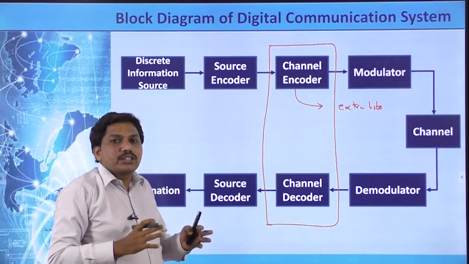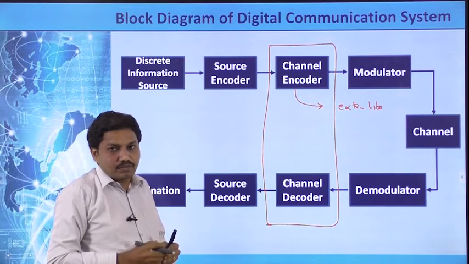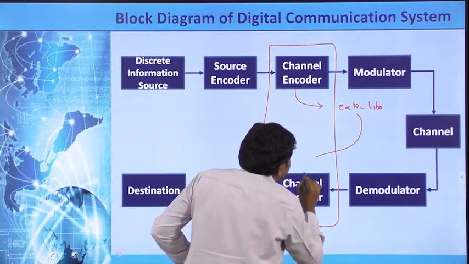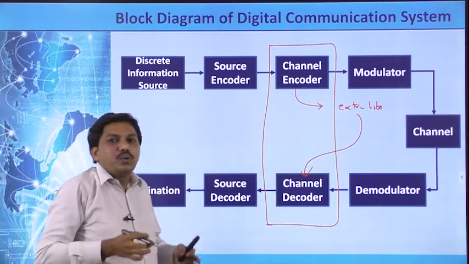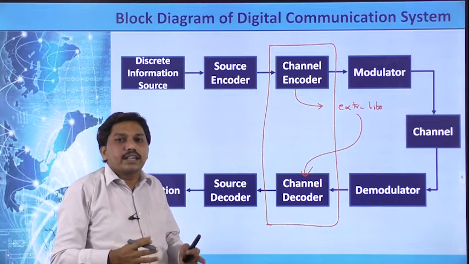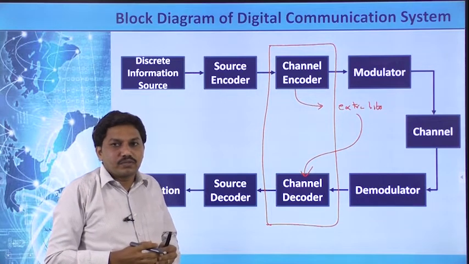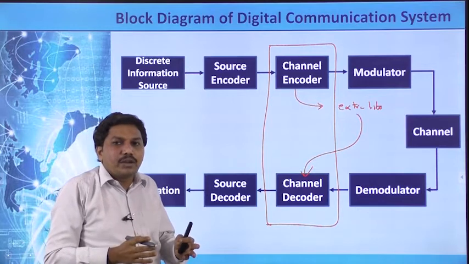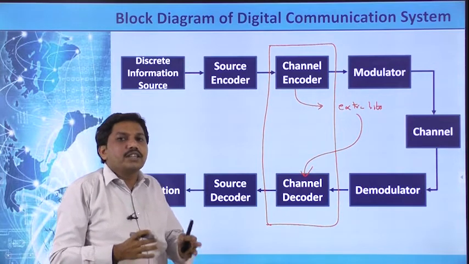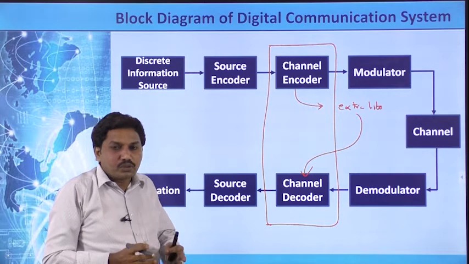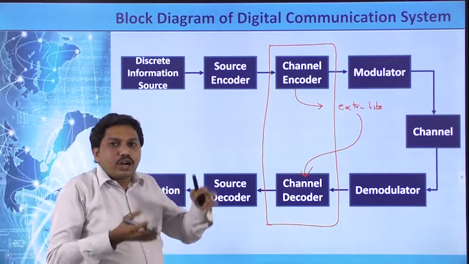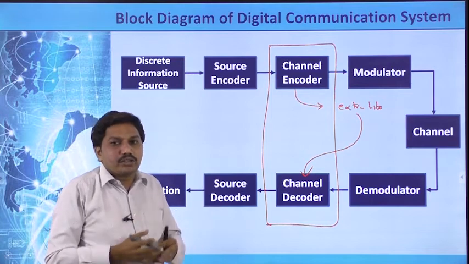These extra bits do not convey any information, right? These bits are used by the channel decoder in the receiver to detect and correct the errors in the information bits. So channel coding means the combination of channel encoder and channel decoder. These two stages are used in order to control the errors in the information bits.